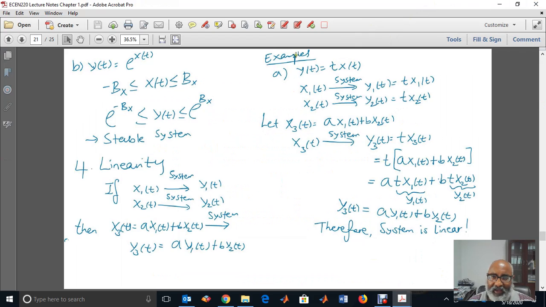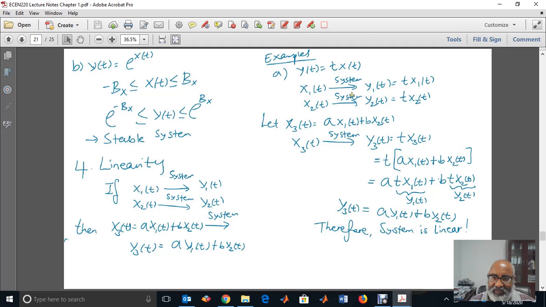Let's say I have a system y of t is equal to t times x of t. So this is my system. I give an input x of t, and the output y at time t is t times x of t. The question is, is this system linear? So we follow the procedure to prove this. First we give x1 of t.